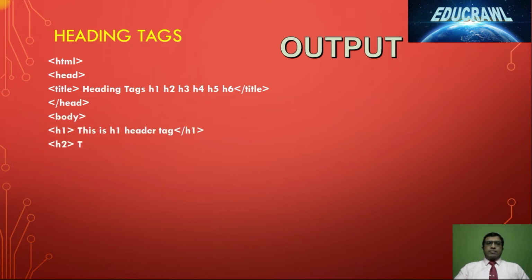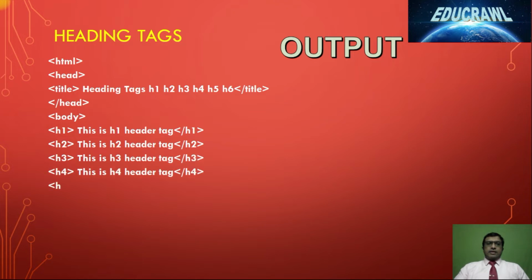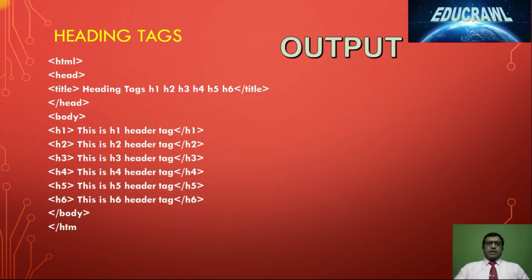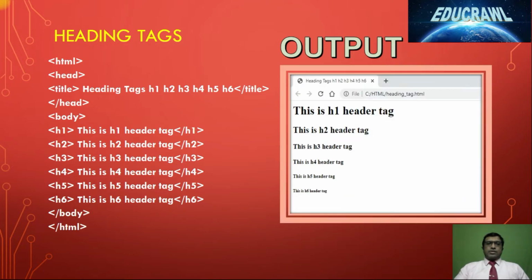In the body I am typing H1, this is the header tag 1, H2, this is the tag 2, and next one is H3, this is the H3 header tag, and this is H4 header tag, this is H5 header tag, and the last one is H6 header tag. Now I am closing the body. After that I am putting the HTML.